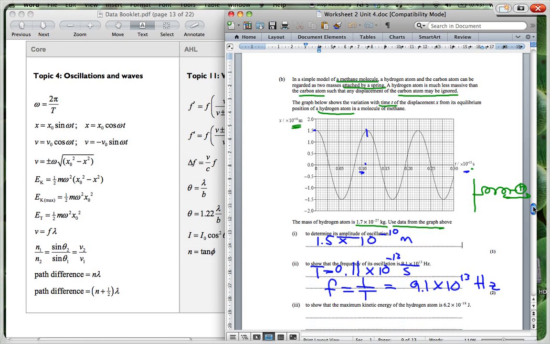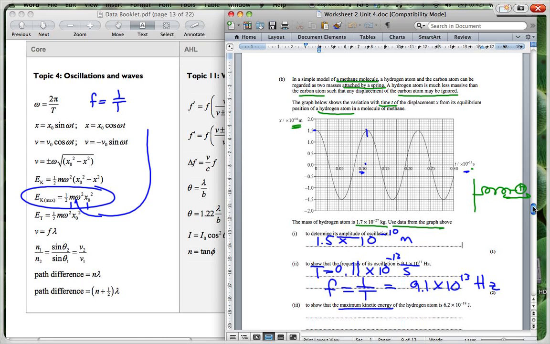Now, we want to show the maximum kinetic energy. Now, we've already used this: from here, we see that our frequency f is equal to 1 over T. So we want to find the maximum kinetic energy. We've got this formula for our maximum kinetic energy, and when looking at it, we've got everything. We've been given our mass. We've worked out our x0 from the graph, but we don't know what the omega is.